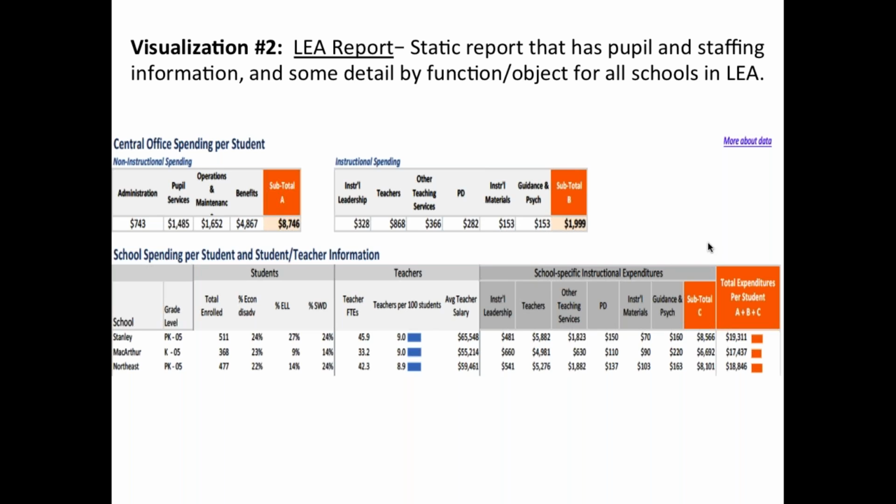Since we do have school-specific instructional expenditures on teachers, that probably includes benefits, or I would assume as a user of it. Yeah, I don't know how much you want me to chime in, but the benefits are a district level cost, so they're not included at the school, at least in terms of how we collect the data. The benefits show up in that non-instructional spending box in the upper left. So we're allocating those costs, essentially.